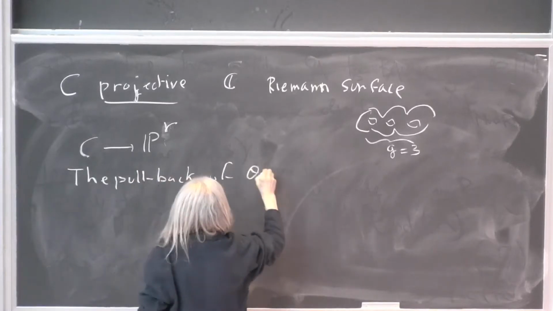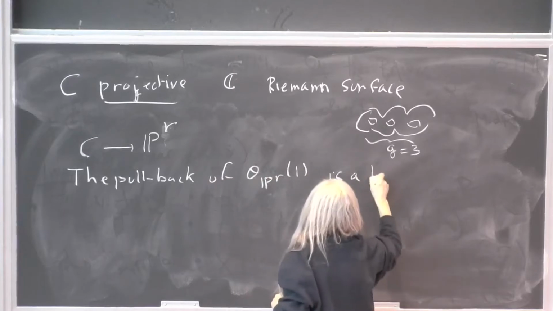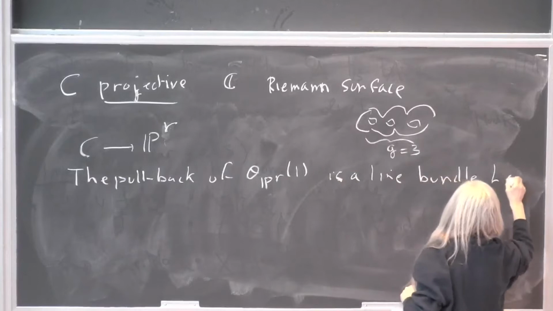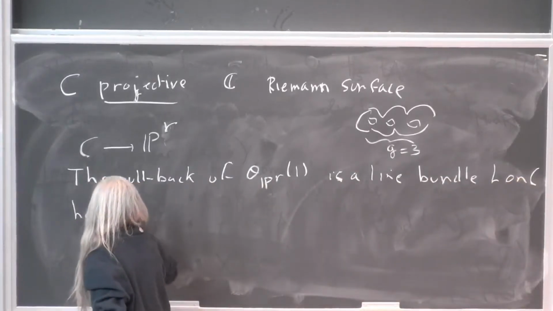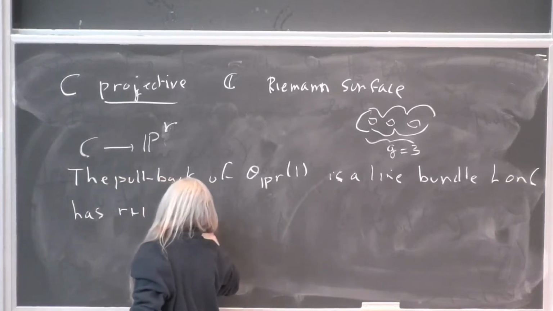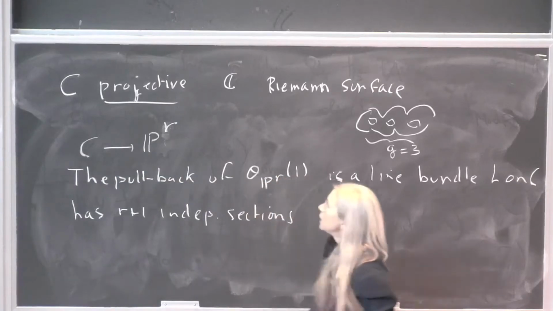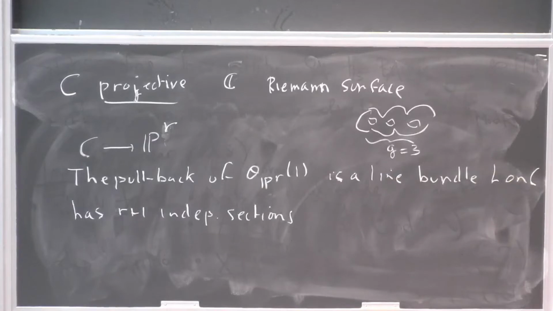So the pullback of O_{P^r}(1) is a line bundle L on C, and it has r+1 independent sections. Now you can go the other way around. If I give you a line bundle and I give you r+1 independent sections, you can put the curve into projective space, and therefore we can go both ways.